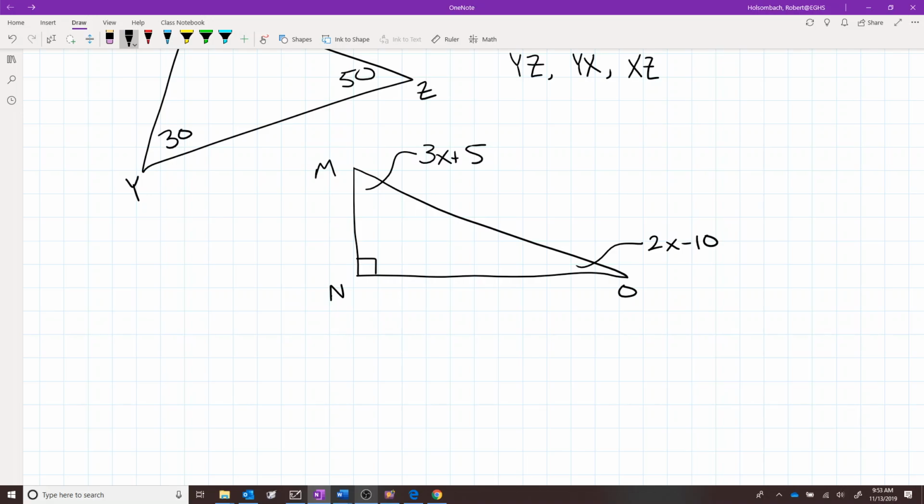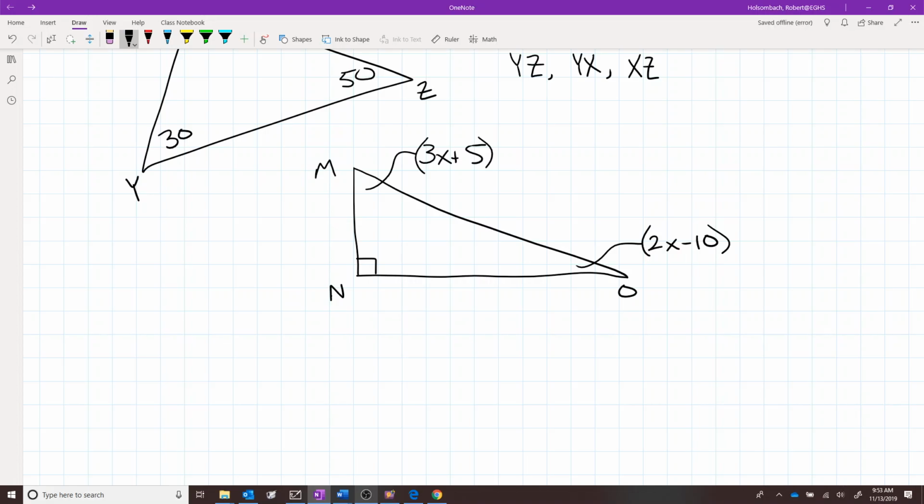You still have to find all the angle measures, don't you, so that you can order the sides. But what does the 3x plus 5 and the 2x minus 10 have to add up to in this case? The two acute angles in a right triangle have to sum 90 degrees. So you would combine those and set them equal to 90 and solve for x. And then you could substitute to find angles M and O. And then you could order the sides.